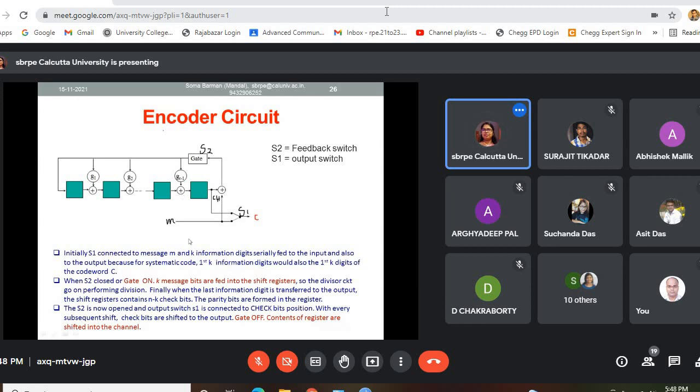So the k information digits are serially fed to the input of the encoder, and also to the output C, because the switch is connected here. This portion is actually the encoder.